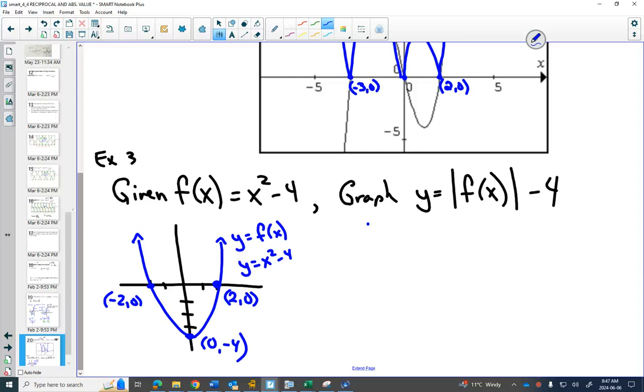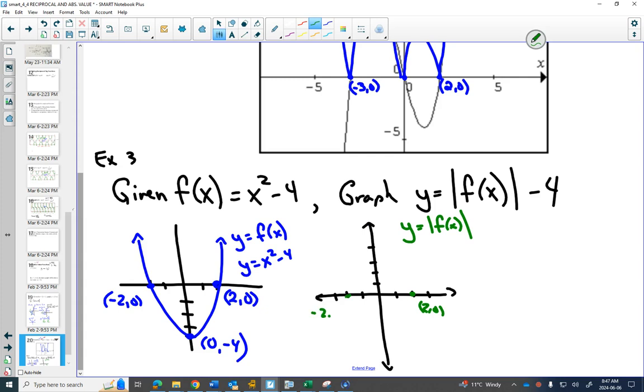I'm first going to graph in green here just the absolute value of f of x, just that part. What is that going to do? It's going to keep (2, 0) and (-2, 0), and it's going to keep everything on this side exactly the same. But it's going to take this part that's below and flip it up.